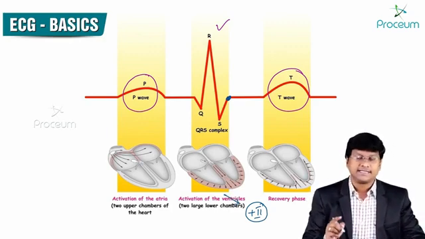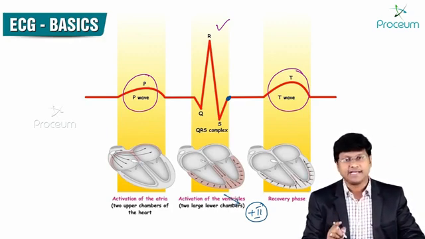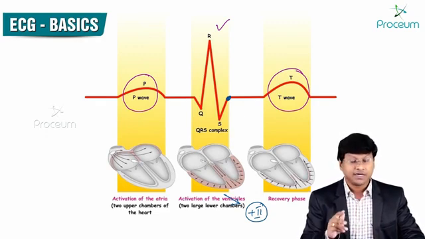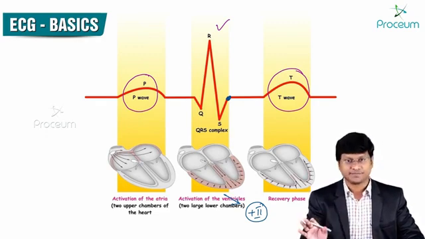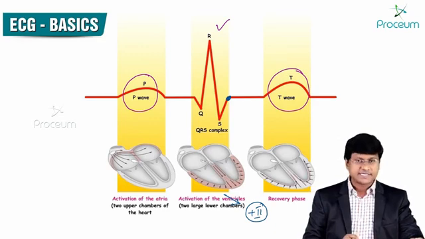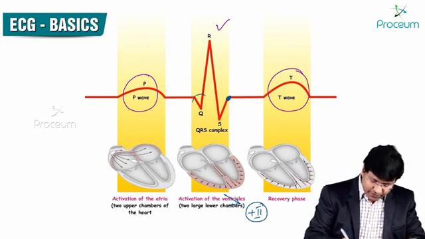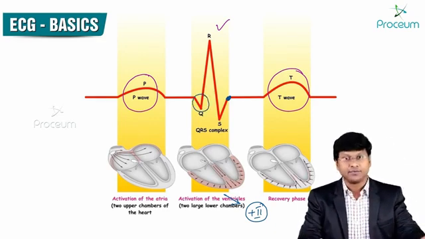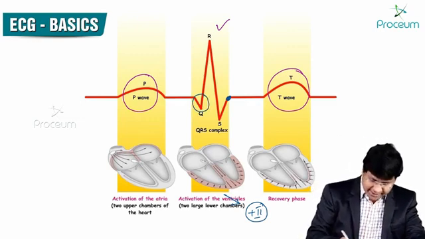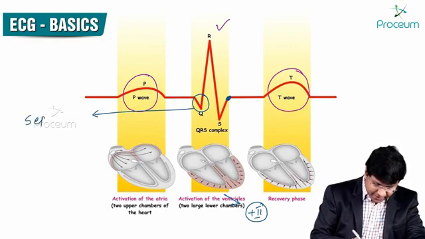And that is the reason why lead 2 is called the standard lead, or lead 2 is considered the rhythm strip. Okay. Now our discussion here is why the Q wave will be the negative wave. First of all, you should understand that the Q wave is due to septal depolarization.